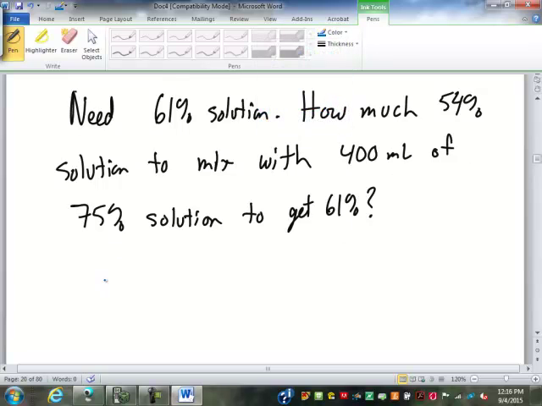So we're going to combine 54% with 75% to get 61%.